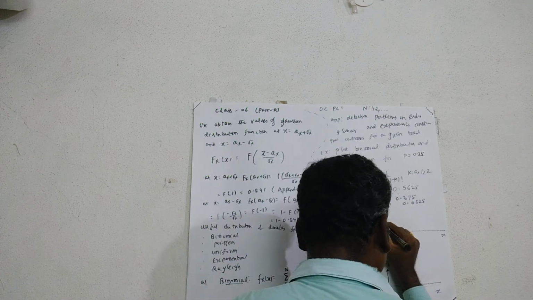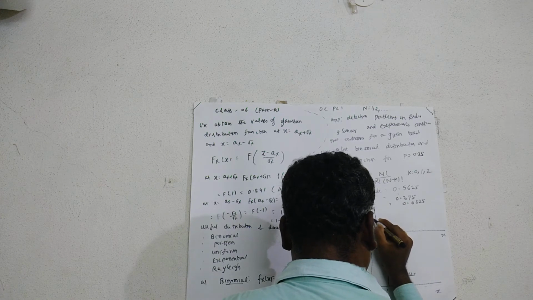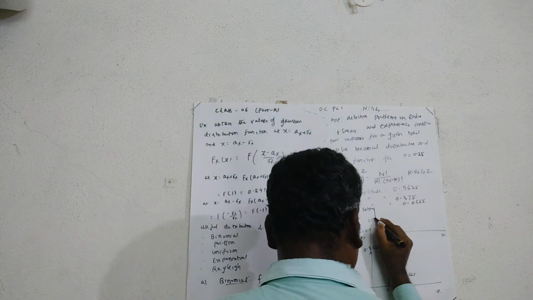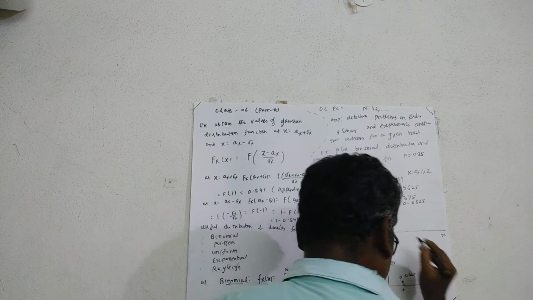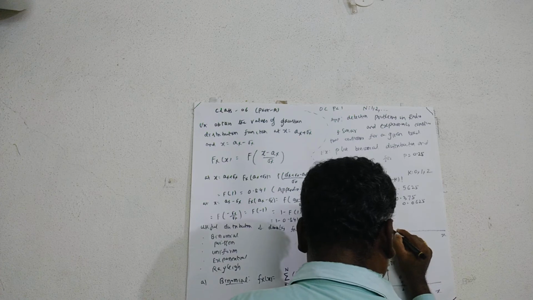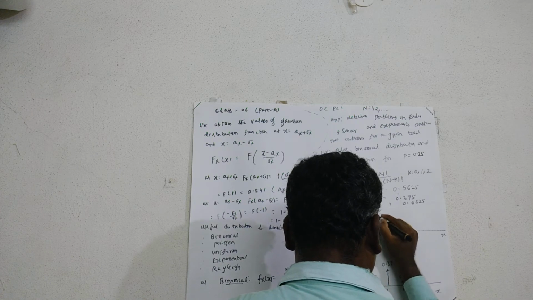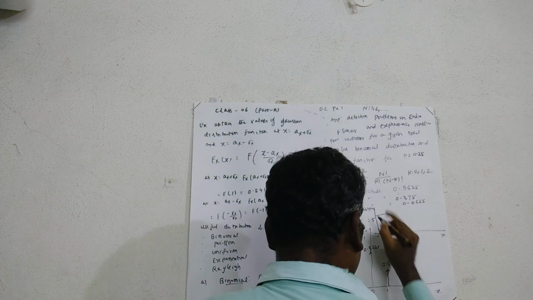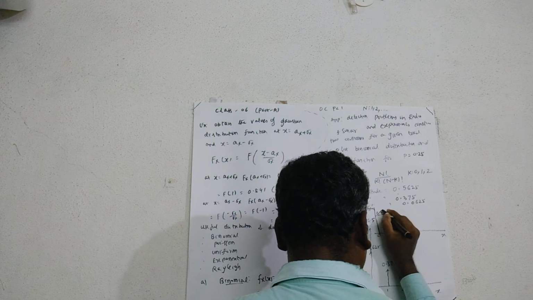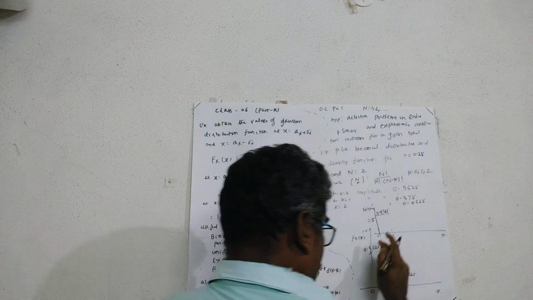Up to x is equal to 1, the amplitude is 0.5625.